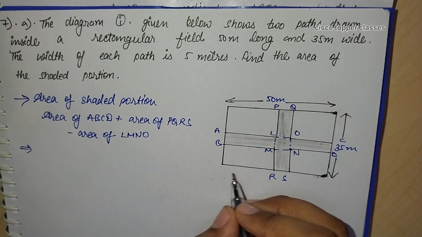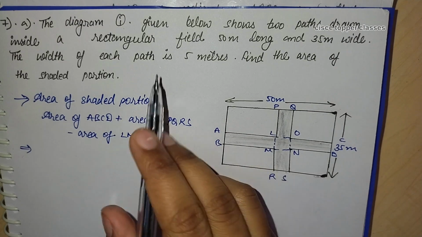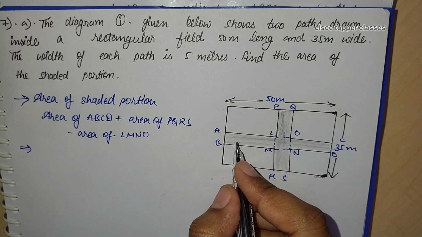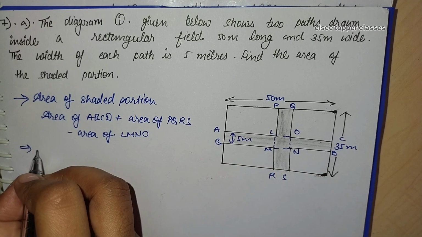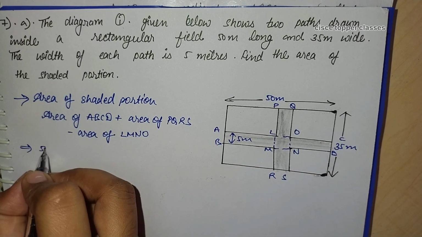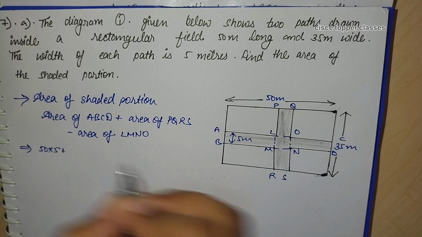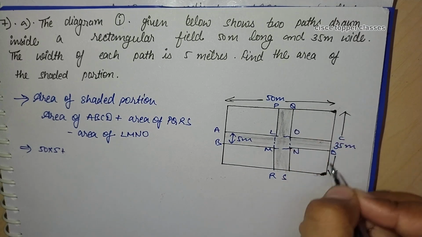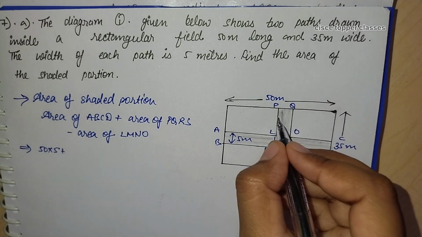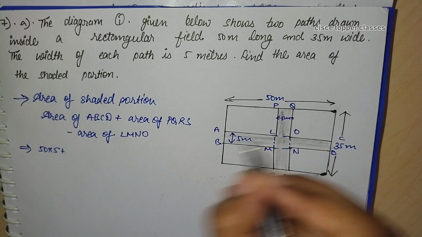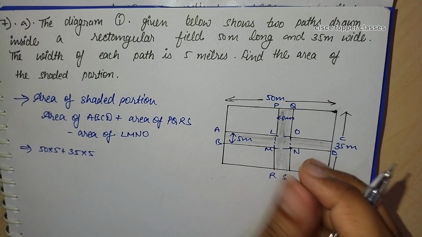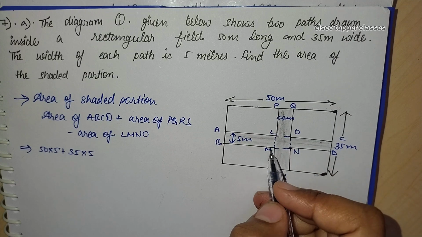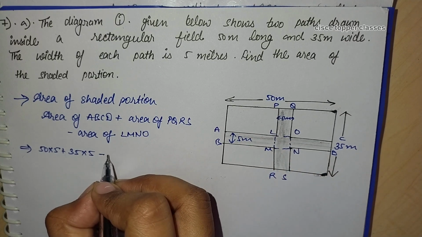Here the length is 50 meter and the breadth is given as the width of this path as 5 meter. So we can just multiply this in the first part as 50 into 5 plus here the length of this path is 35 meter and the breadth is 5 meter again. So this will be 35 into 5 and the length and breadth of the rectangle LMNO is 5 into 5.